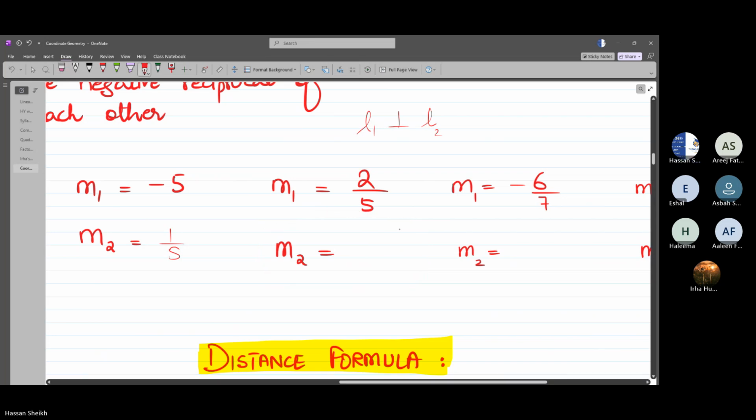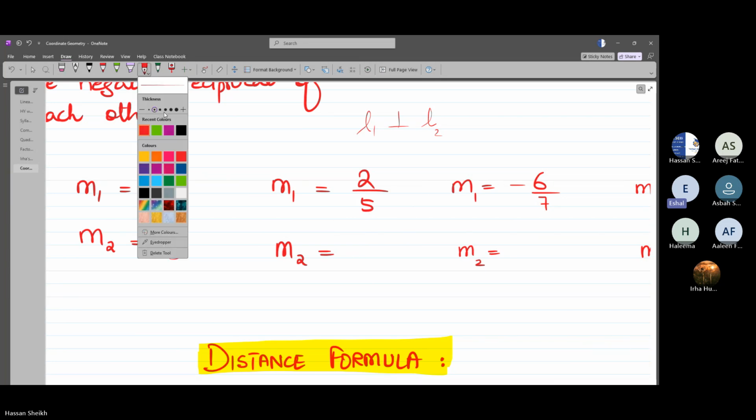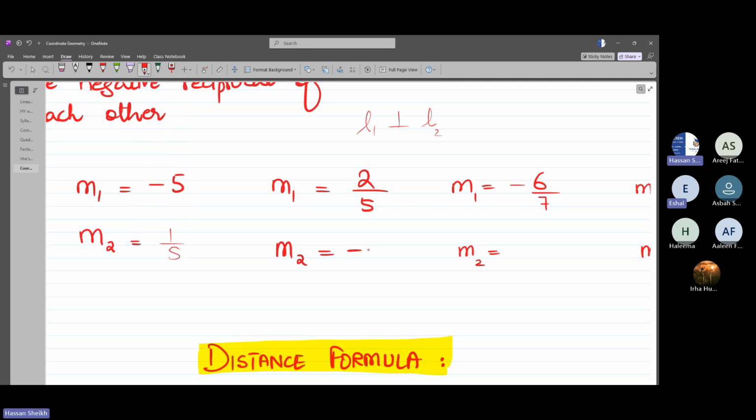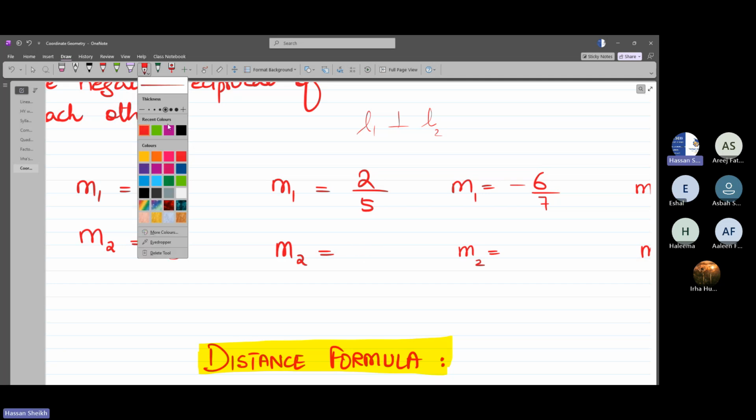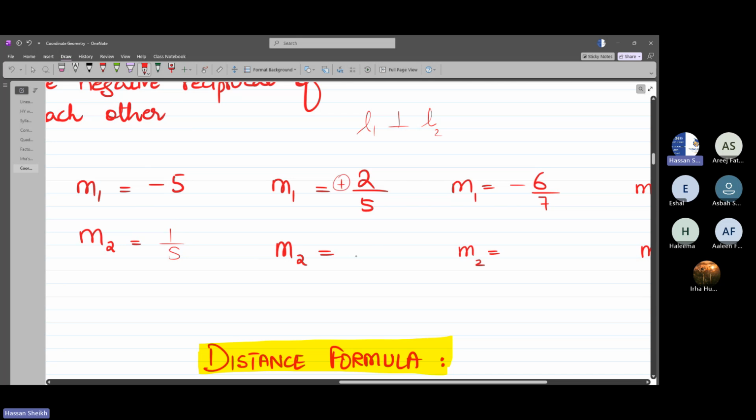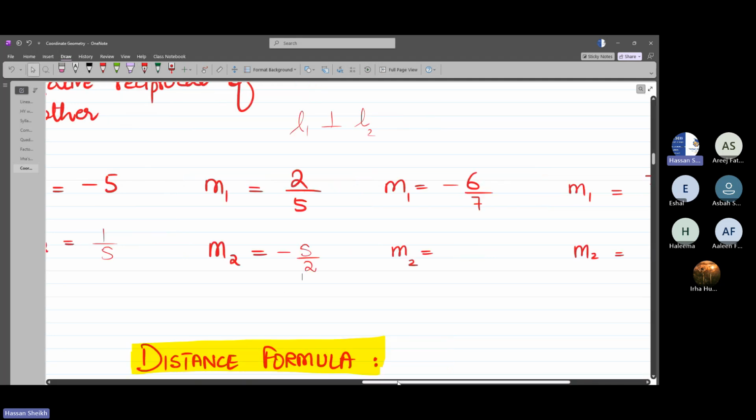Negative 5 over 2, because the perpendicular lines have negative reciprocal. Exactly. So what's the rule? Simple. Change the sign from positive, it turns negative, and then we flip the fraction. So students, do you understand how we got negative 5 over 2 as the slope of M2?